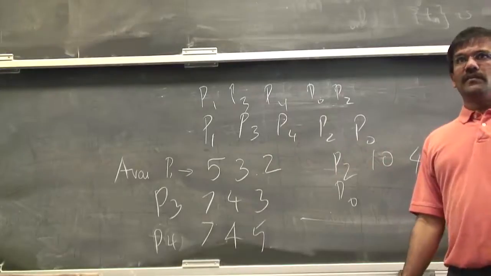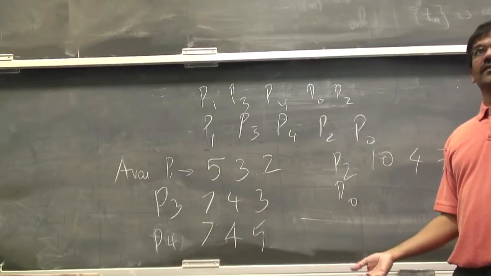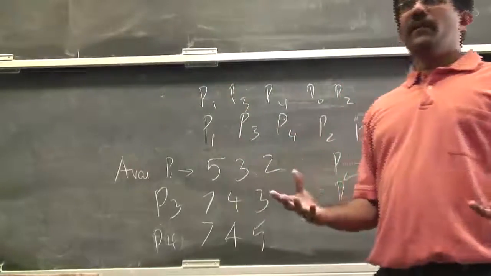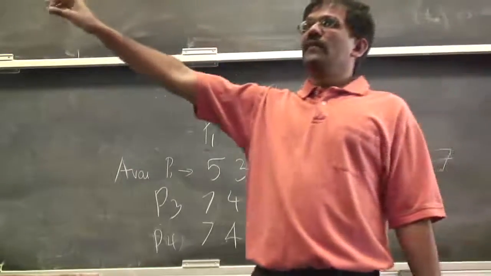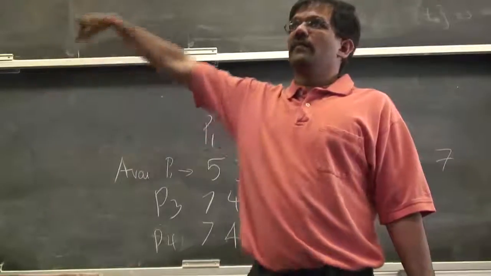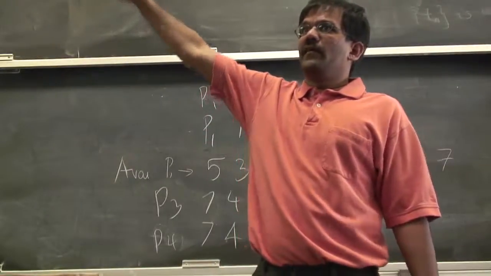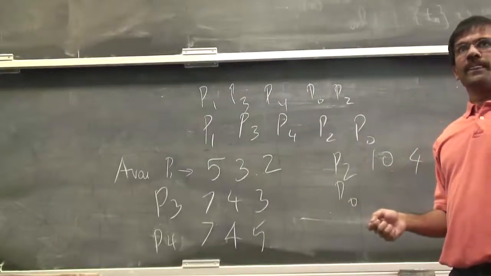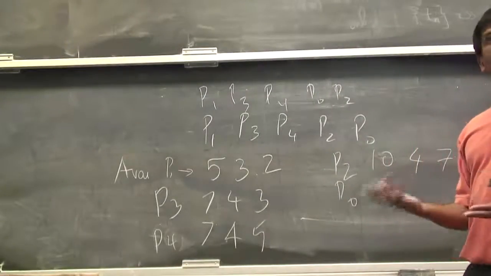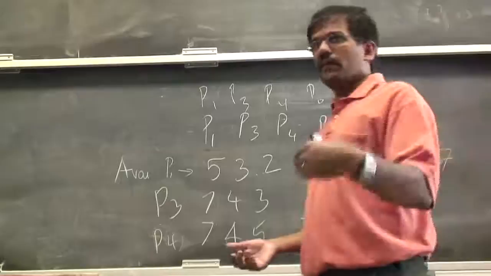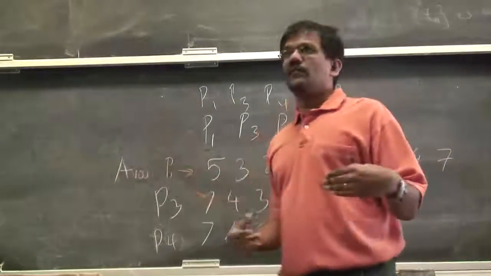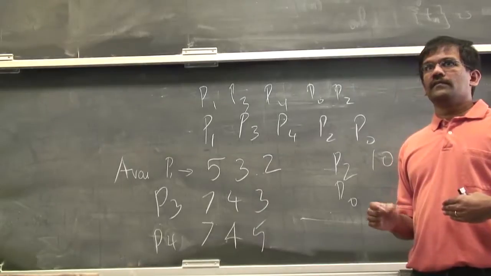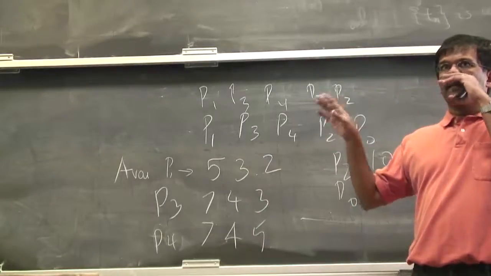And if somebody else comes in the future and wants more resources, or if one of the processes completes, say P1 completes, then it'll return all it has back to the available. So available is a global data structure which keeps track of how much of each resource is available. And it'll change state whenever you request a resource or when you exit and release the resources.